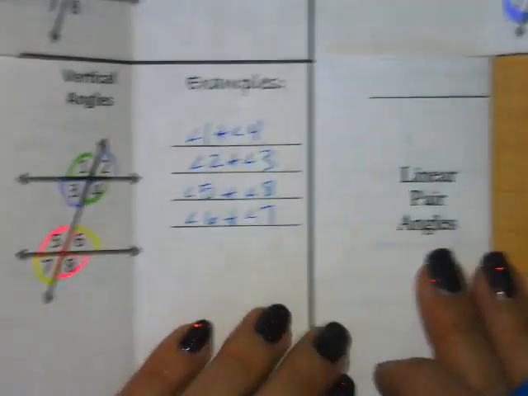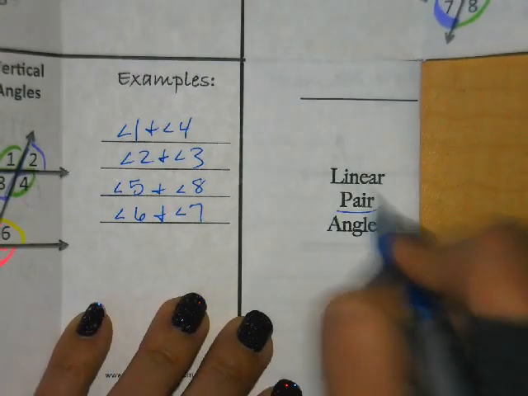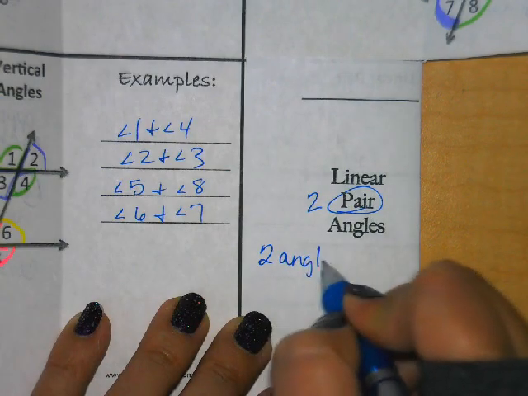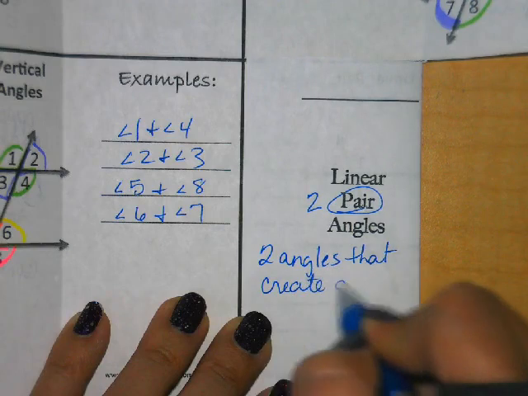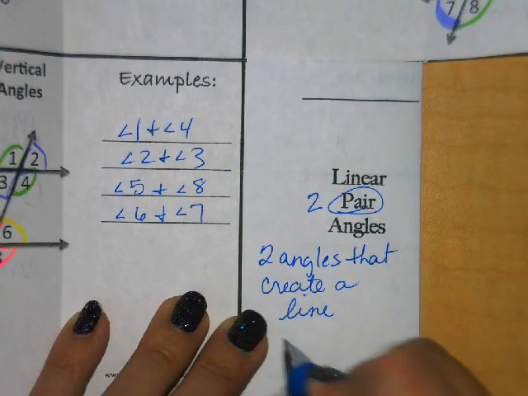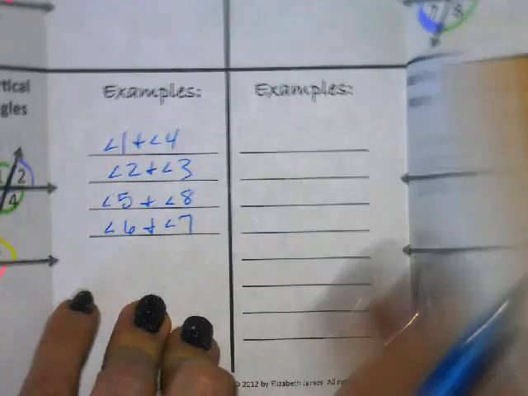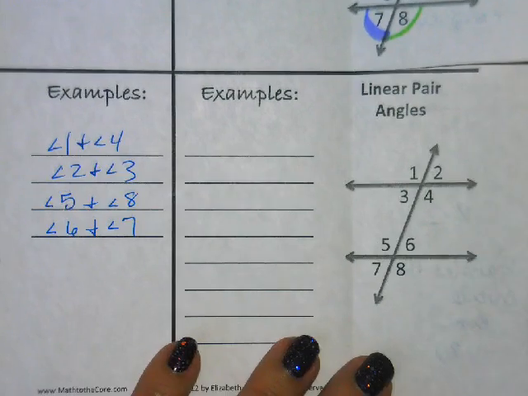Linear pair. A linear pair is going to be, pair means two. So two angles that create a line. So together they equal 180 degrees. So I can say, now this one is going to have a lot of linear pairs because we're looking for lines.